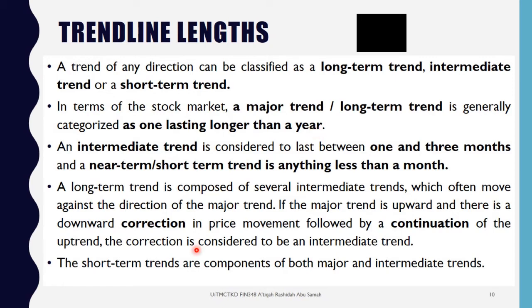A long-term trend is composed of several intermediate trends, which often move against the direction of the major trend. If the major trend is upward and there is a downward correction in price movement, followed by a continuation of the uptrend, the correction is considered to be an intermediate trend.